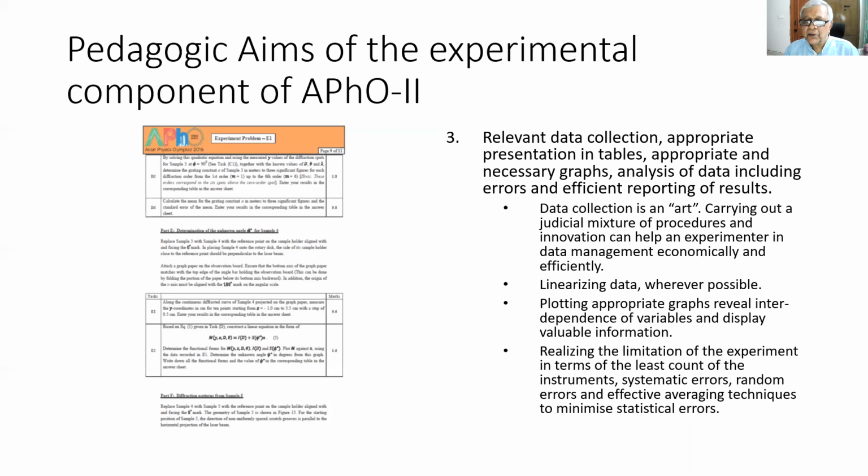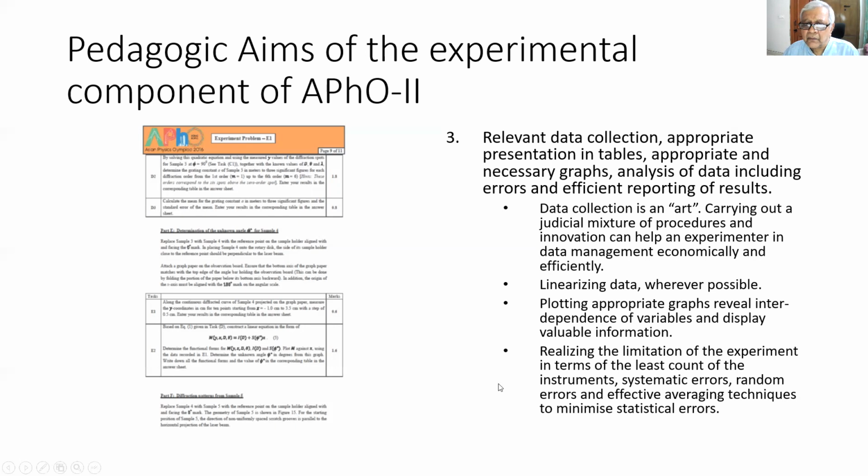As we go on, we shall see that questions are posed judiciously so that all these pedagogic aims of the experimental component of an APhO experiment are met.